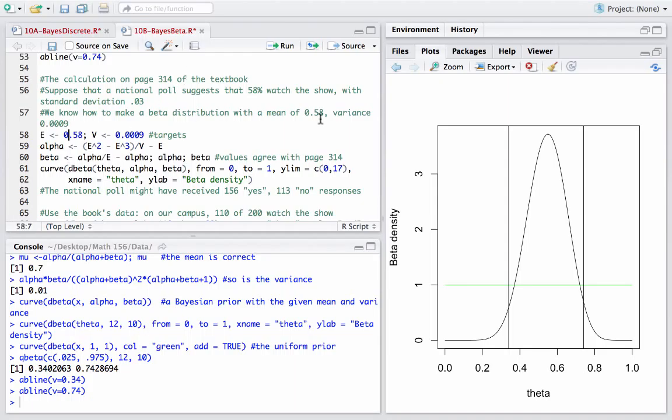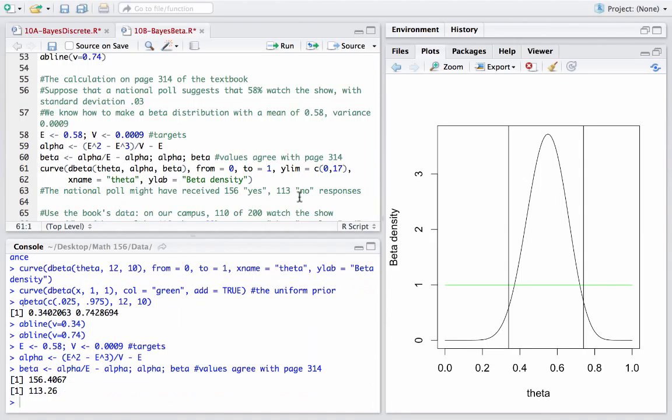So that yields these estimates for alpha and beta, which, this isn't always the case in Bayesian statistics, but it's really great how these have nice interpretations as the yeses and nos. Basically, this poll probably sees somewhere in the neighborhood of 156 yes and 113 no's, and that's when we try to back out and put a prior on there, what they're reporting, we get something that we can interpret.